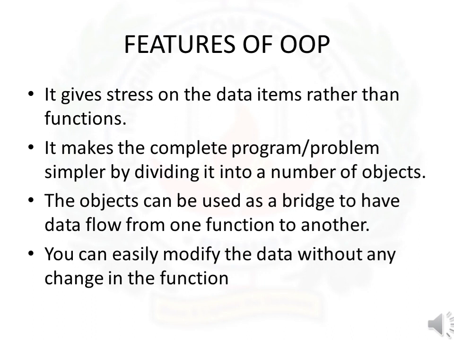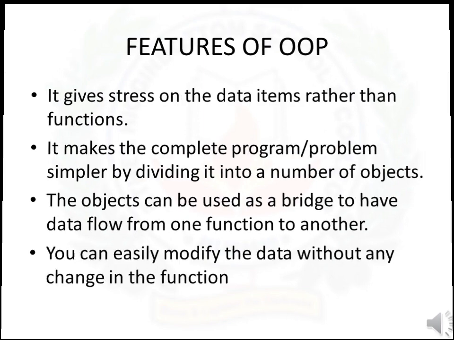The third point is the object can be used as a bridge to have data flow from one object to another. Number 4, we can easily modify the data without any change in the function. There is no need to change any function to modify the data. Okay, these are the main features of object-oriented programming.